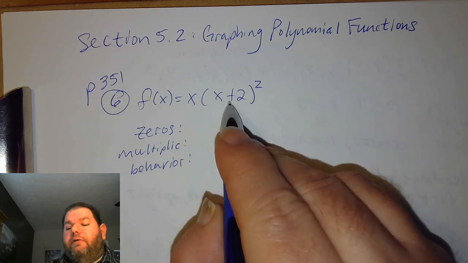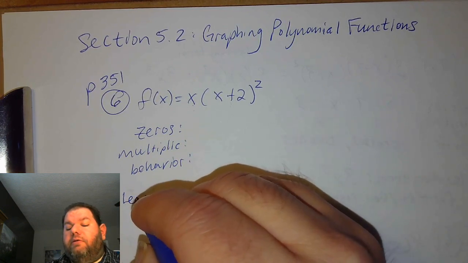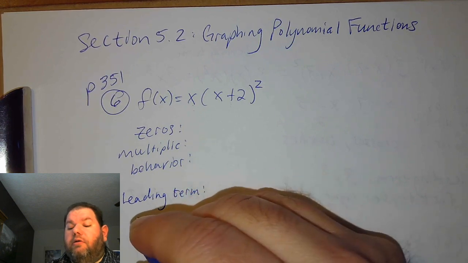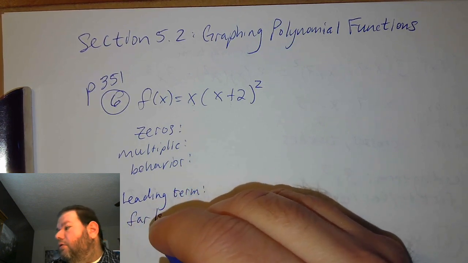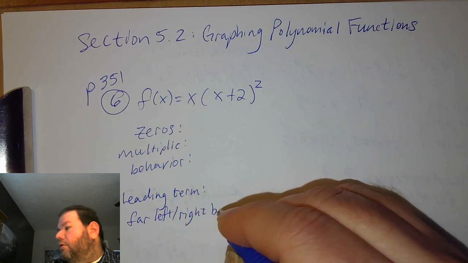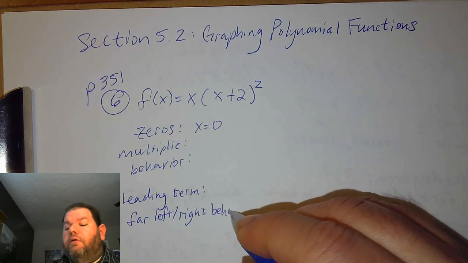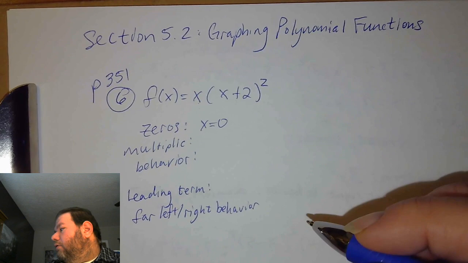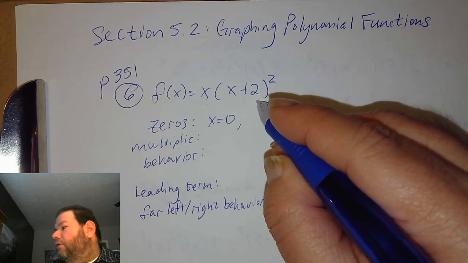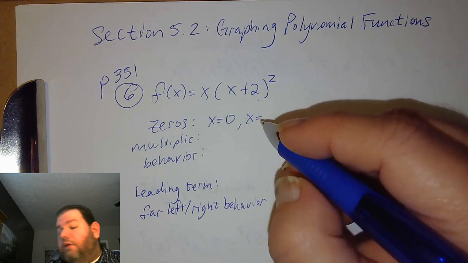Now our zeros, we have 2 zeros here. What would those be? One is x equals 0. And for here, -2.